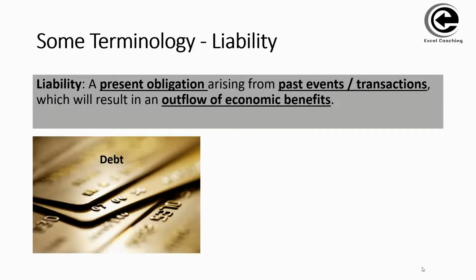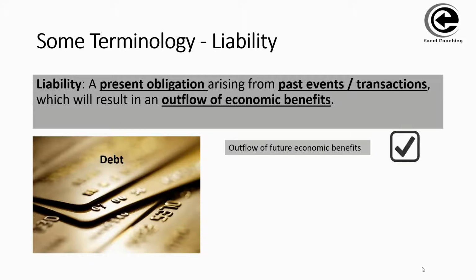If BHP takes a debt from a financial institution, there will be a reduction in the future economic benefits. That is, there will be a reduction in the net worth when BHP repays the interest and the principal. There is a present obligation because contractually BHP owes that money.